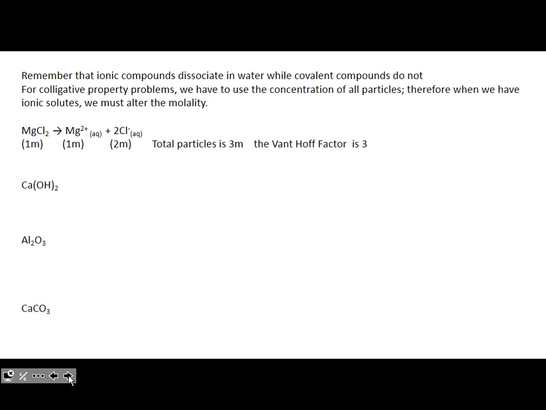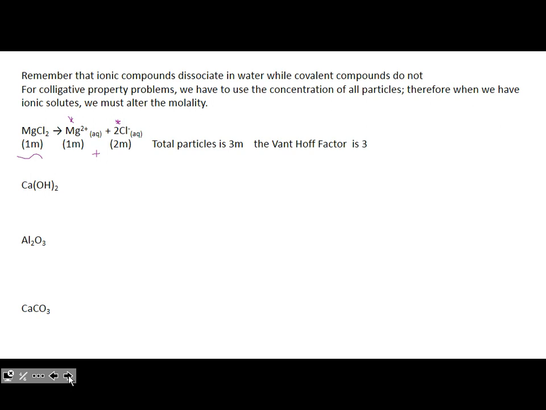And you can see that what I have here is a dissociation representation for magnesium chloride. If we have a magnesium chloride solution that's listed at 1 molal, it will dissociate into magnesium ions and 2 chloride ions when it goes in the water. So a 1 molal solution makes 1 molal of magnesium ions plus 2 molal of chloride ions.